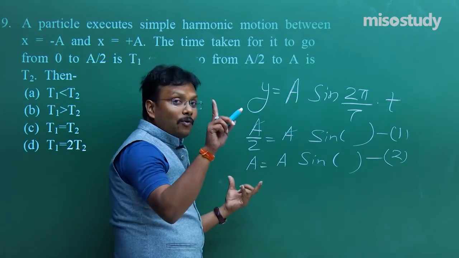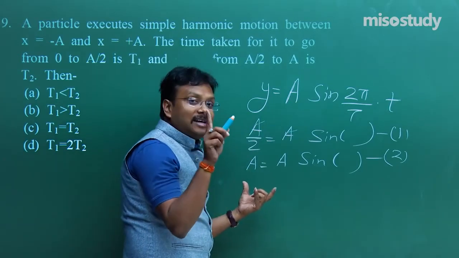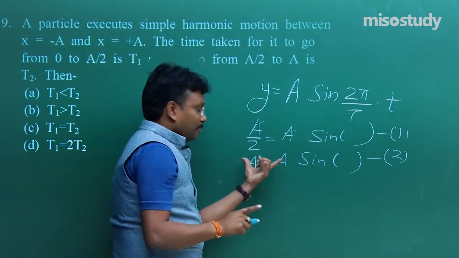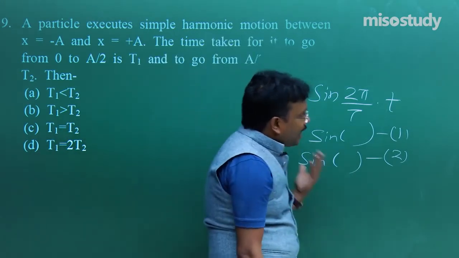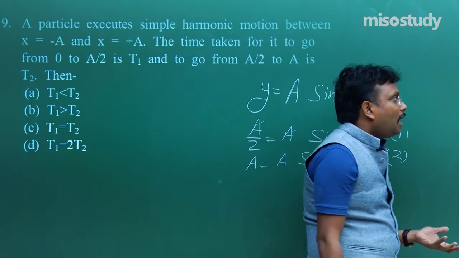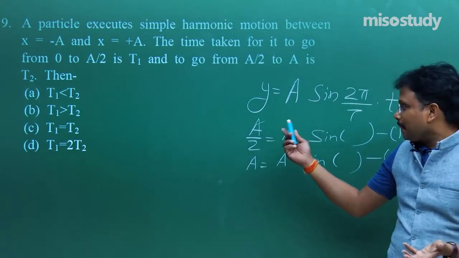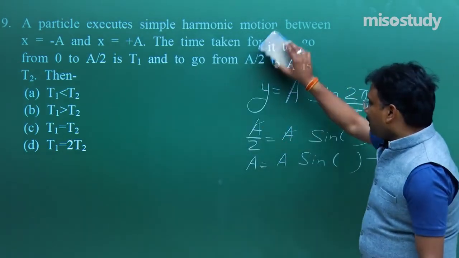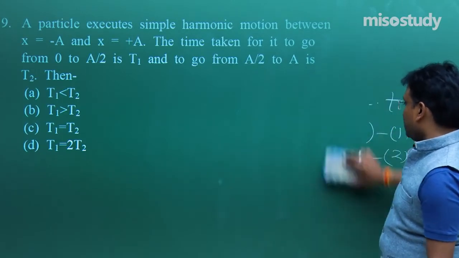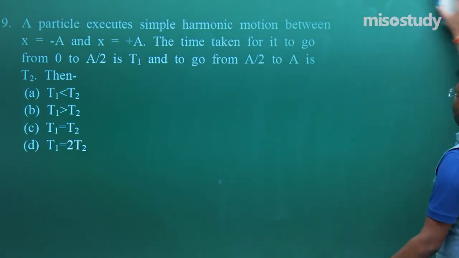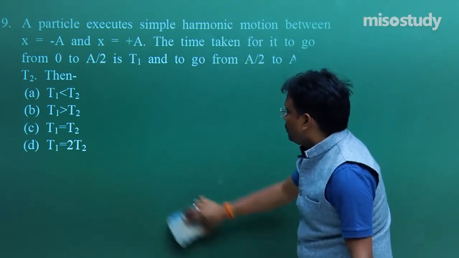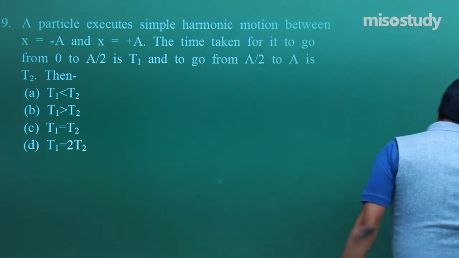Then over here, 1 means pi by 2, because sine 90 is equal to 1, solve it, you will get T by 6. So either way, if you love art, you can do that painting. If you love mathematics, you can use these steps. Choice is yours. I presented all possible cases in front of your eyes.